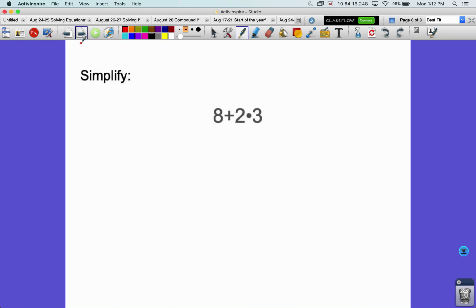Okay, here we've got another one, 8 plus 2 times 3. Have we seen this before? So you might have learned to use an x for multiplication, but we're going to start moving away from that because now we want to use x as a variable, and so we're going to use a dot for multiplication. So a dot means multiply.